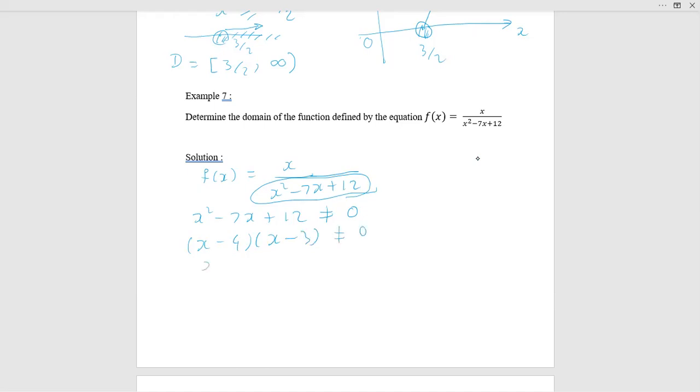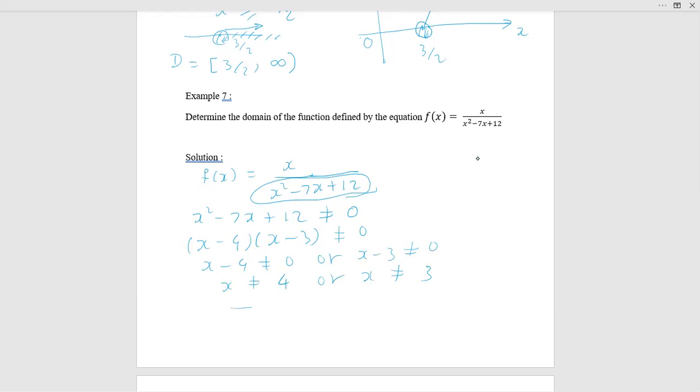This gives us x minus 4 not equal to 0, or x minus 3 not equal to 0. Here we get x not equal to 4 or x not equal to 3.